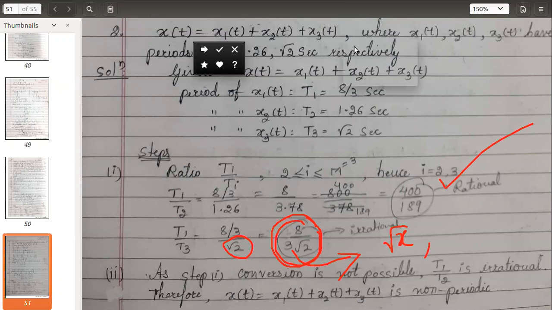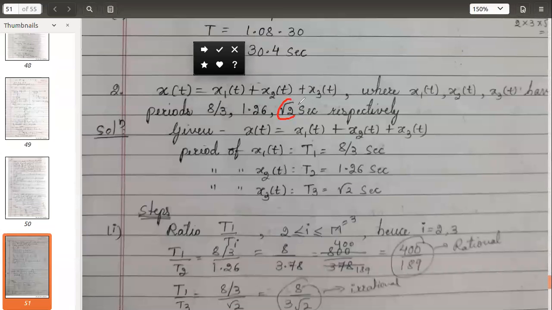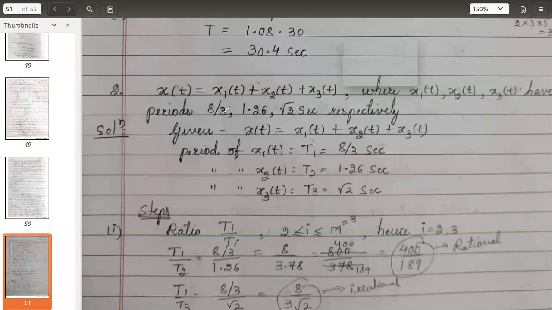So obviously the given question has a root, so the ratio will not be rational. If the ratio is not rational, then obviously it is not periodic. You have to stop in the second step itself; you will stop at the first step. For this second question there is no need to calculate, because the question itself has an irrational number, √2, as the period of the third signal.